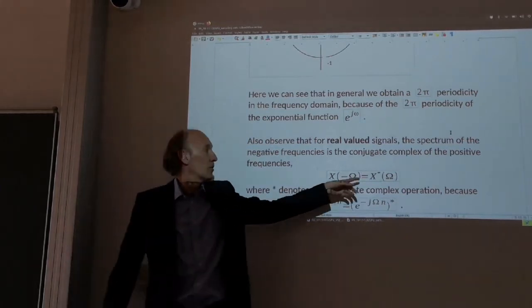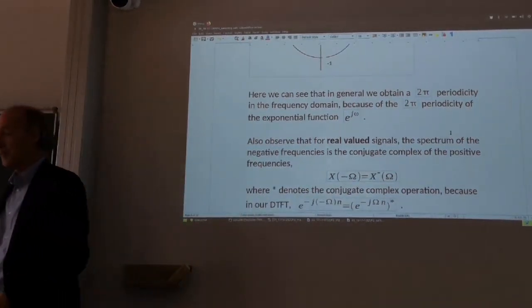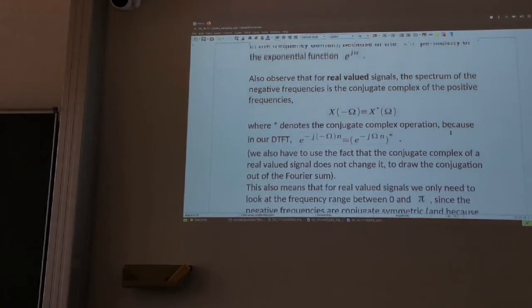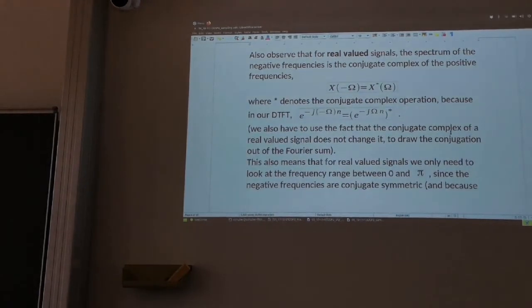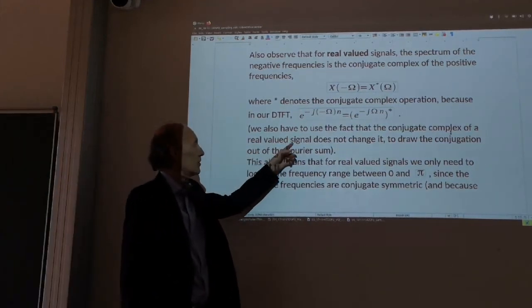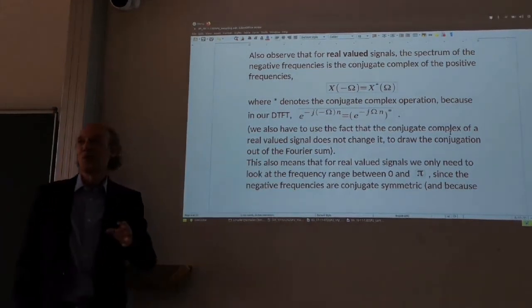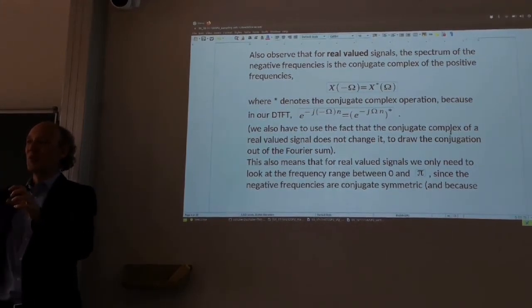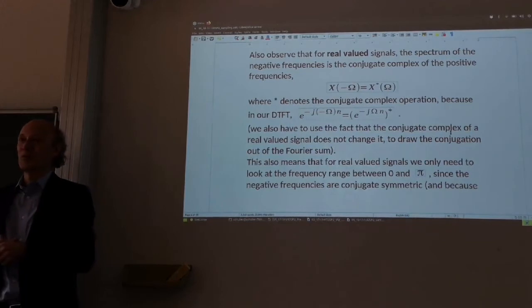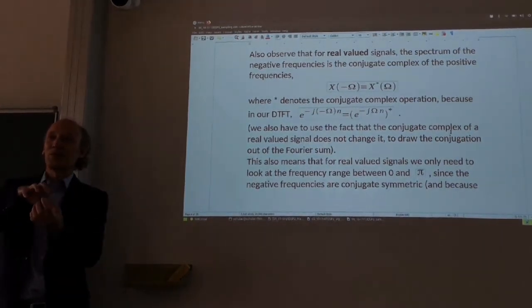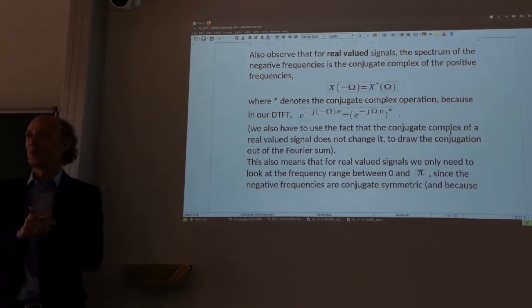The star here means conjugate complex. And we need the property of a real-valued signal, because then the coefficients of e to the j omega don't change under the conjugate complex. Otherwise, you would also need to conjugate the coefficient, and then it doesn't work anymore.